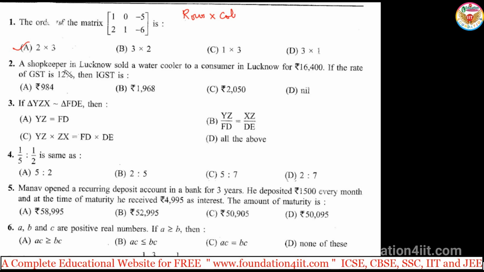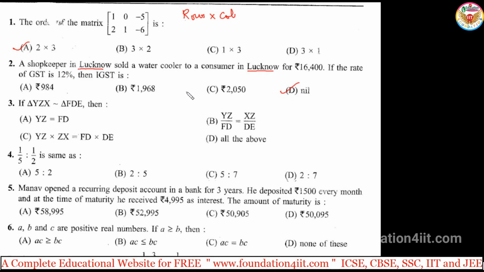Second one, a shopkeeper in Lucknow sold a water cooler to a consumer in Lucknow. So same place, it's intrastate, for 16,400. If the rate of GST is 12%, then IGST, integrated GST, is asked. Within the same state, then integrated GST is nil. So don't get confused.